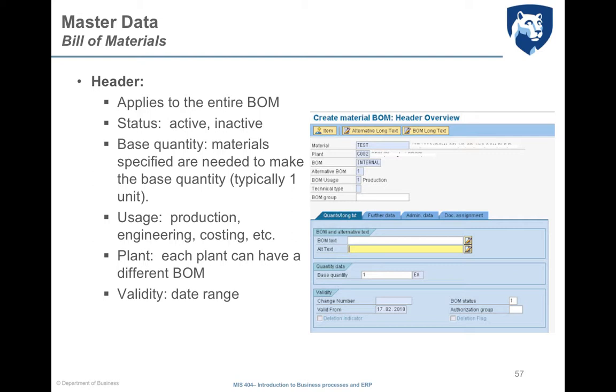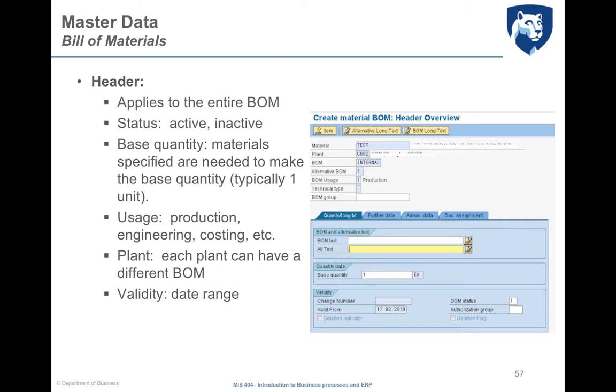A validity date is appropriate when changes are planned for a future date, for example, due to a change in the production design. And that's something that I already told you when we talked about bill of material. It's important to maintain the bill of material up to date because it can be used in several processes. Because of that, the usage field in the header identifies the purpose for which the bill of material can be used.